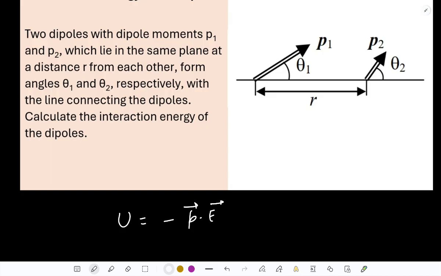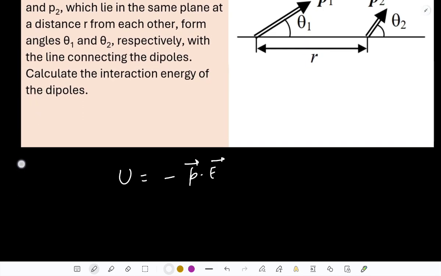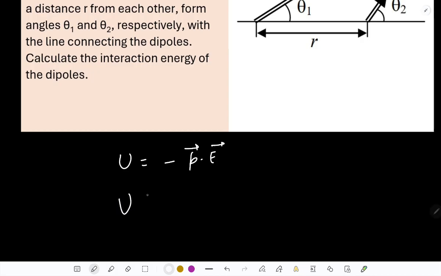So the interaction energy of the dipoles we can write as minus P1 dot E2. It's simple. And E2 is what?